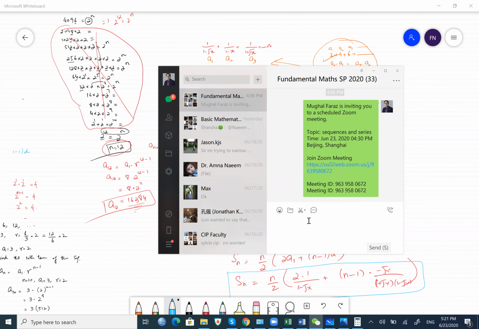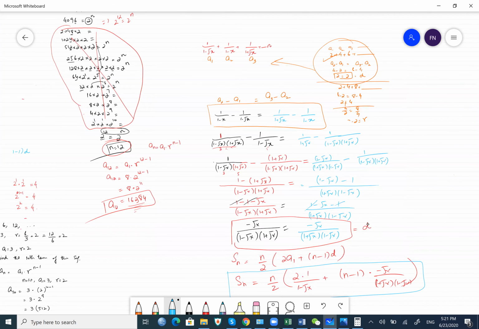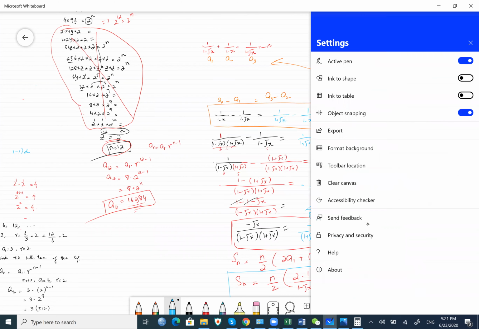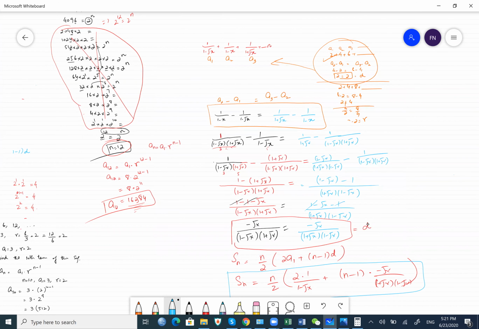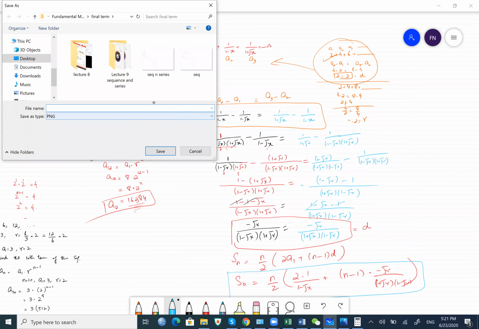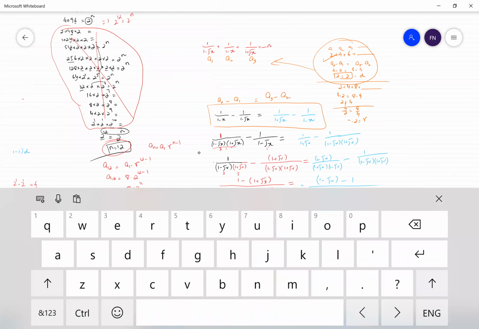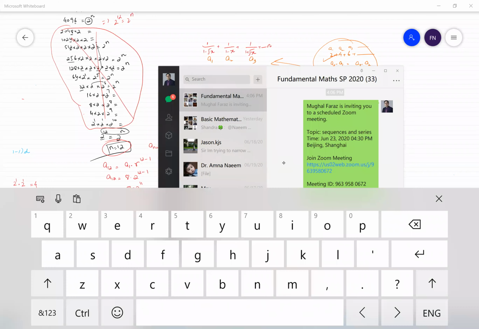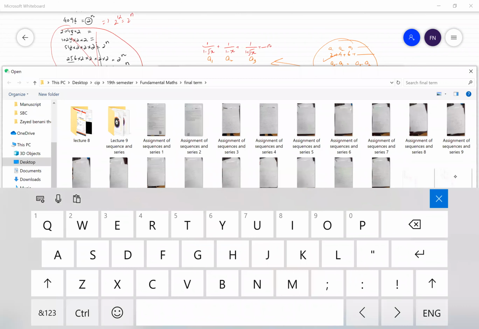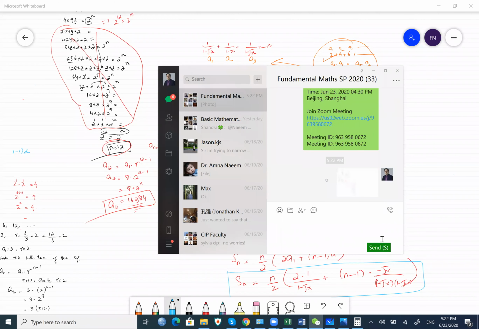Why is it empty? Let me try again. Here it goes. Now you can get it in the group.